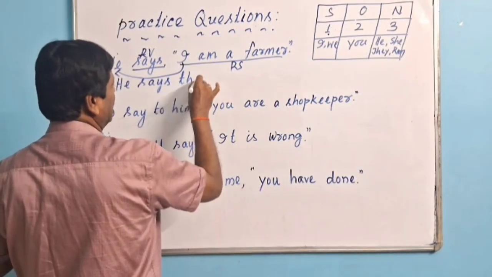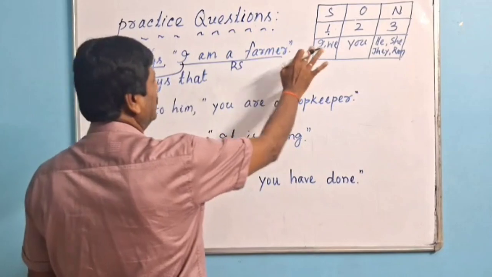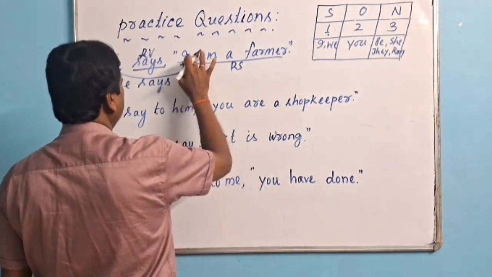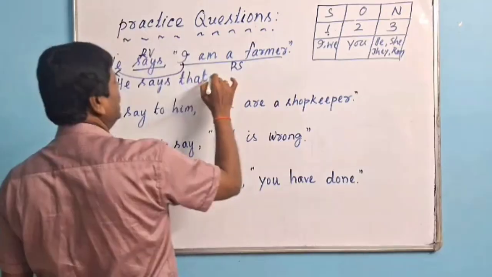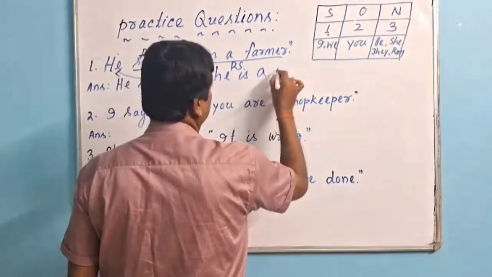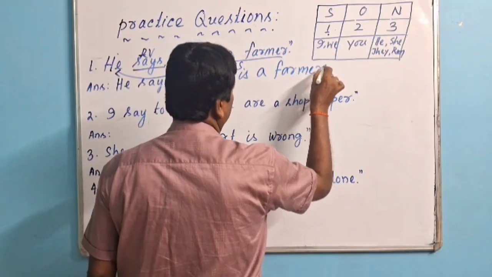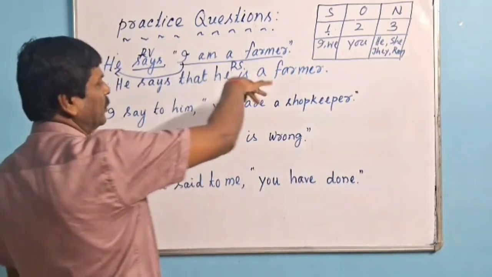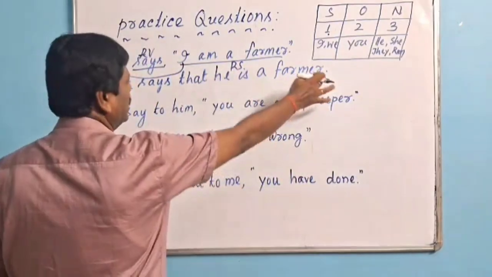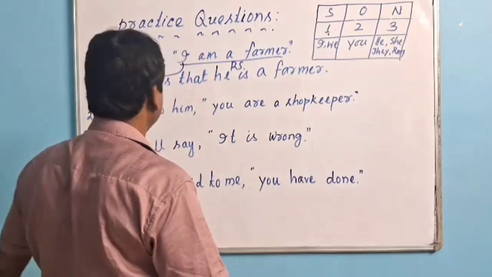that will be the joining word, as it is a declarative sentence. He says that, I will change according to he. He is a farmer. So the inverted commas will be removed, and instead only the punctuation mark full stop will be used.